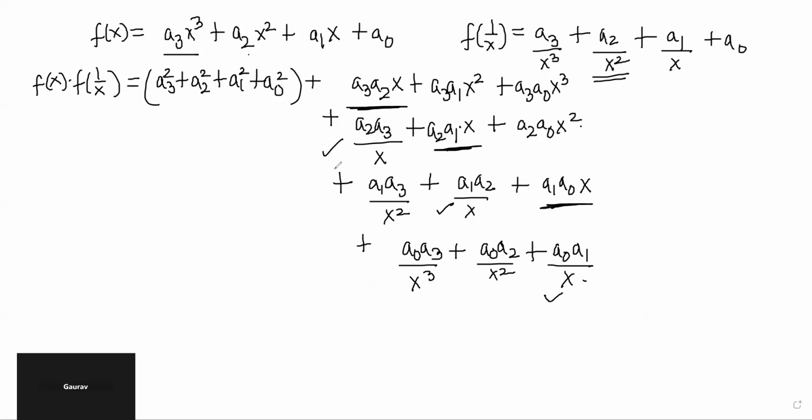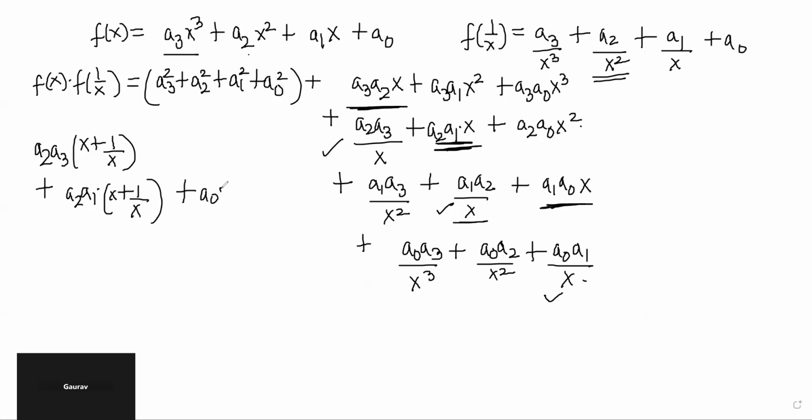So we are getting a2, a3, x plus 1 by x, plus a2, a1, again x here, and x plus 1 by x here also, right? Plus a0, a1, x plus 1 by x here also. See, we are cancelling these terms now. We have already handled all of them, right?